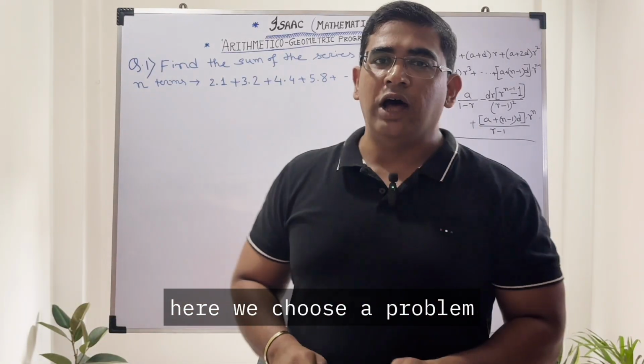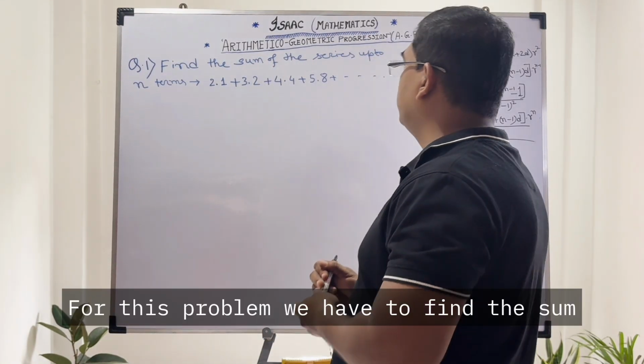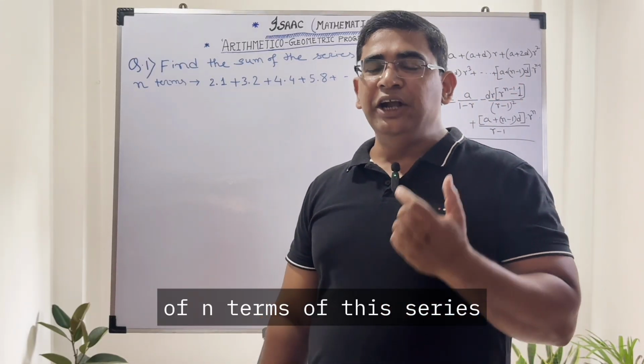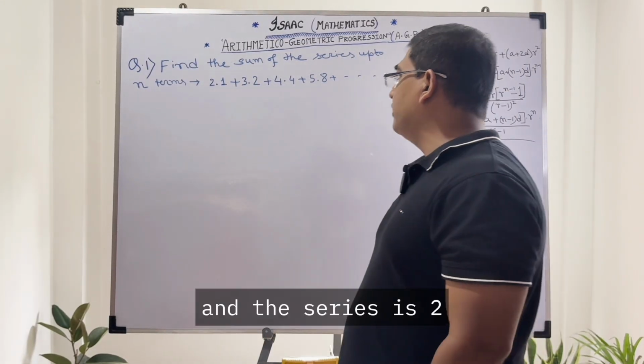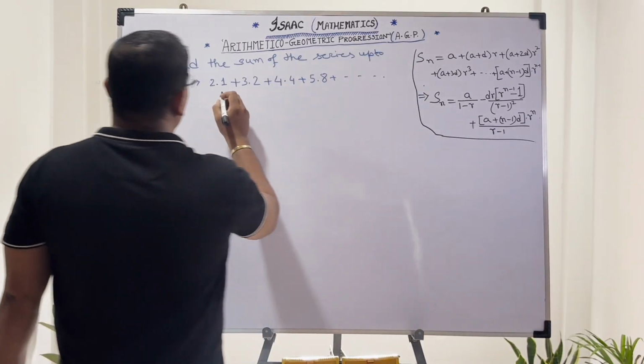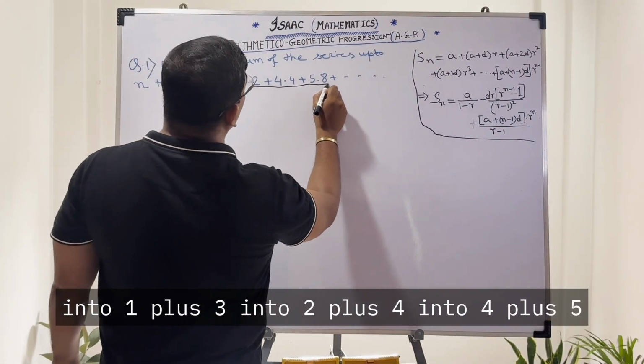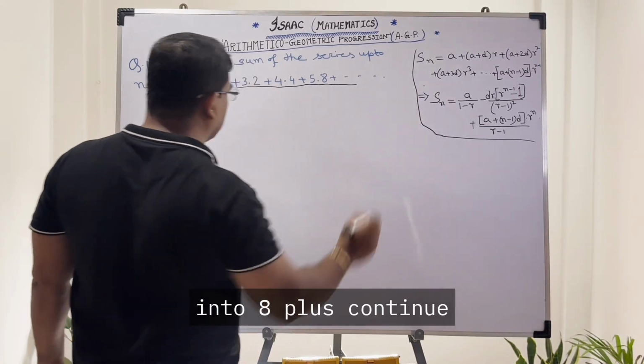Here we choose a problem. For this problem, we have to find the sum of n terms of this series, and the series is 2 into 1 plus 3 into 2 plus 4 into 4 plus 5 into 8, and so on.